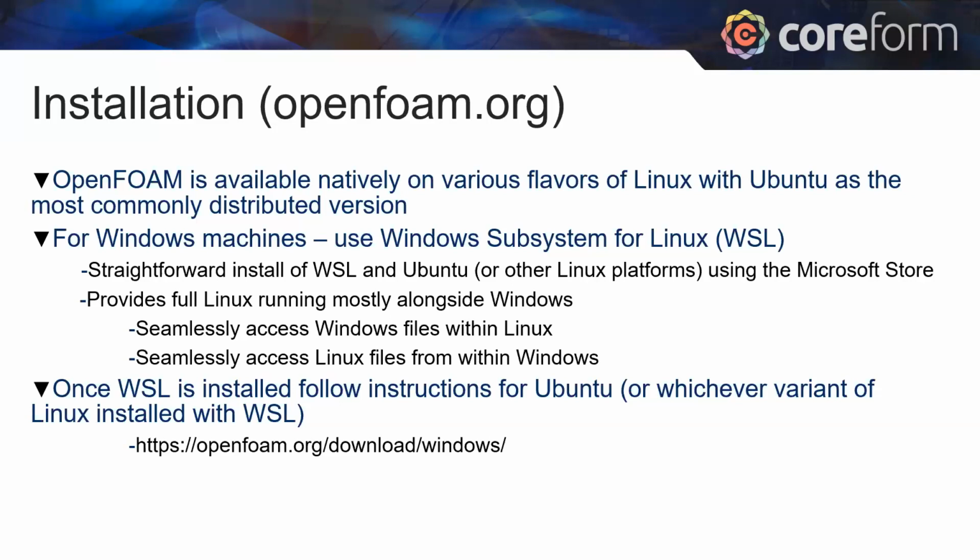So for example, just go out to the Microsoft Store, do a search on Ubuntu, and install it, and it will install WSL, it will install Ubuntu, and you'll have a working version of both on your machine. It provides a full Linux running mostly seamlessly alongside Windows, so that you can access Windows files from within Linux. And similarly, you can access Linux files from within Windows.